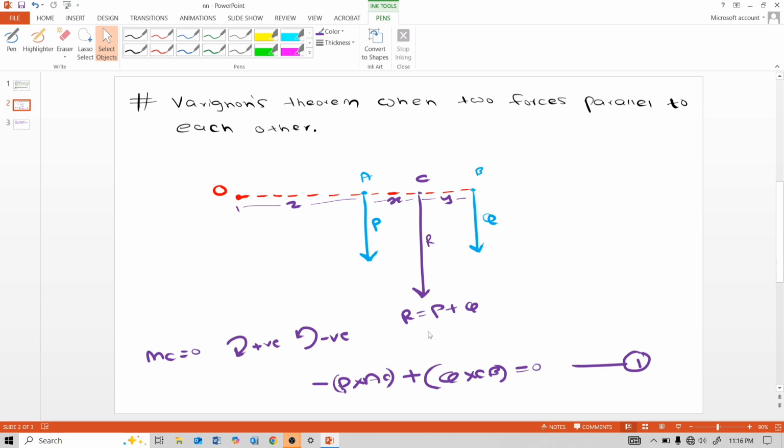What we are doing is proving that the moment of P at point O plus the moment of Q at point O is equal to the resultant moment at point O. That's why we are writing OC plus CB, OC minus AC. We are including OC in our derivation.